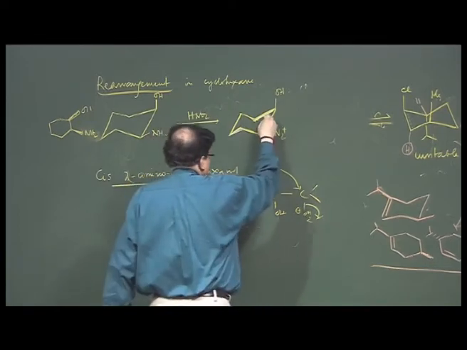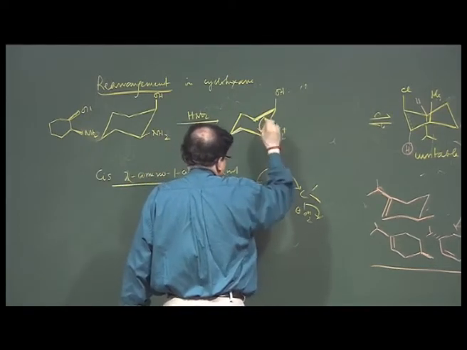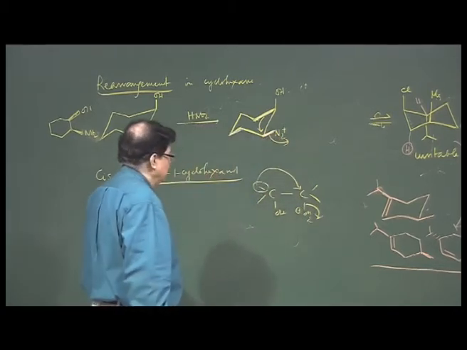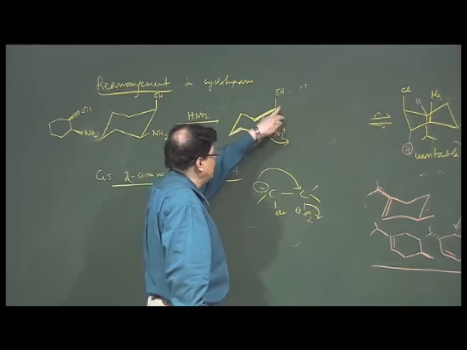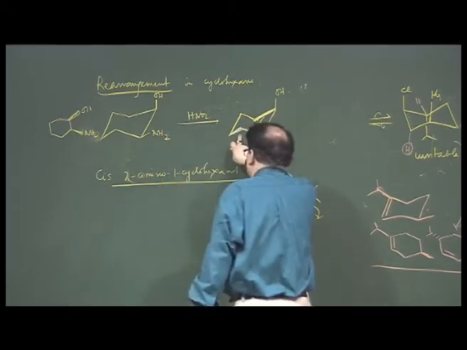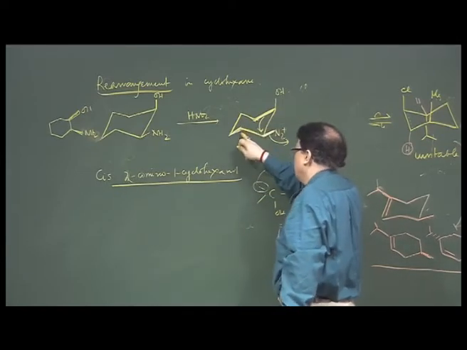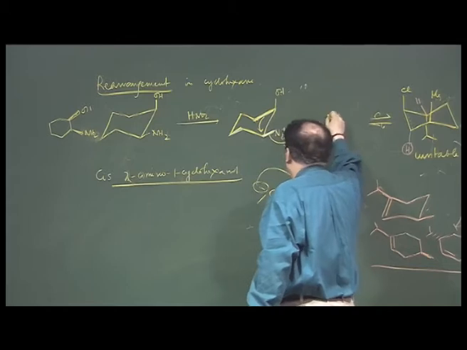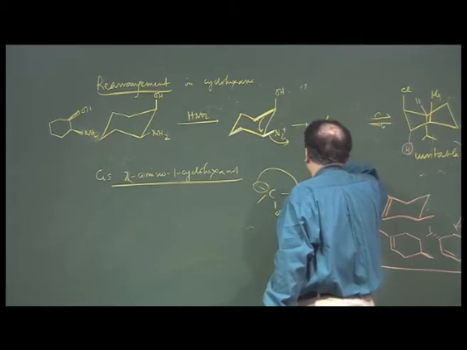However, in reality only this migrates and that goes out. Why does this migrate? Because the cation that is generated is stabilized by the oxygen. So, this does not migrate because there is no assisting group to help the cation to be stabilized. So, this migrates and what you get is this compound.